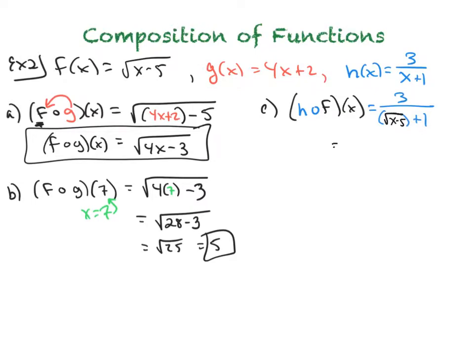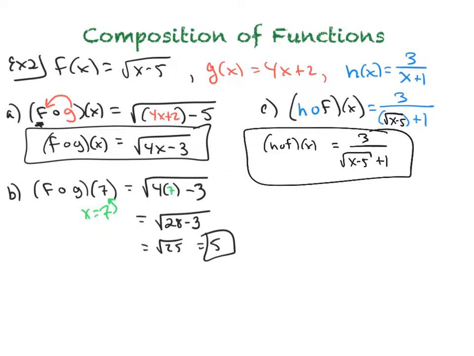Okay, so not a lot of simplifying to do here. So I have 3 over the square root of x minus 5 plus 1. So that is h of f of x.